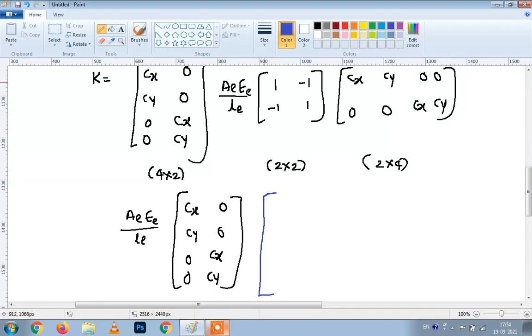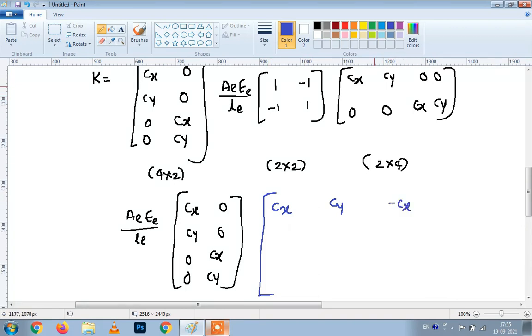For multiplication, you know the rule that for the first element we have to multiply the first row with the first column. So 1 into Cx is Cx, minus 1 into 0 is 0. For the second element, we multiply the first row with the second column. So 1 into Cy is Cy, minus 1 into 0 is 0. So it becomes Cy only.